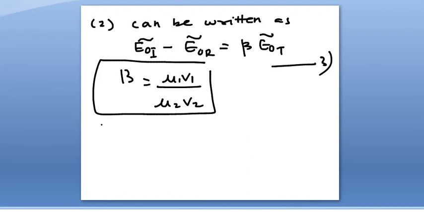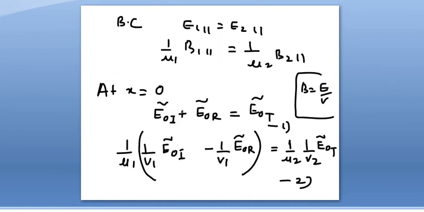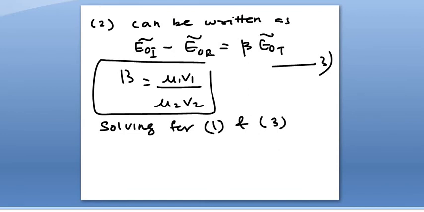Solving for 1 and 3: 1 is E0I plus E0R is equal to E0T, and 3 is E0I minus E0R is equal to beta E0T. You will get E0R in terms of E0I, and E0T also in terms of E0I.